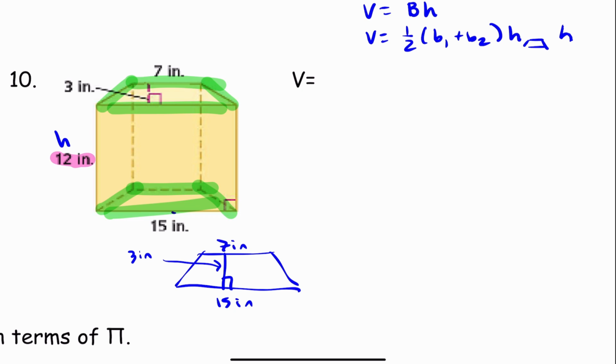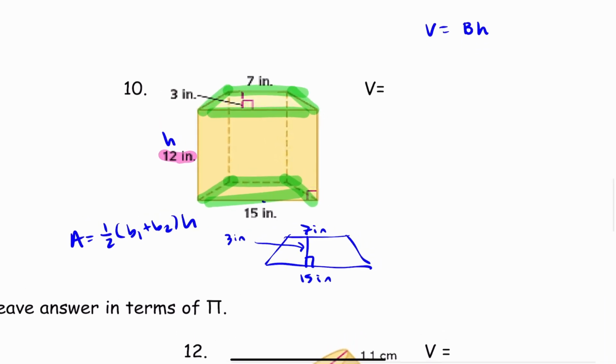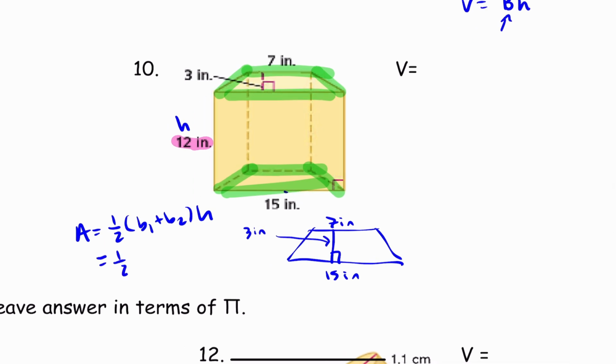Or I think this is a little too confusing, so I'm going to erase this and just say that the area of your trapezoid is 1/2 B1 plus B2 times the height of your trapezoid, okay? And then once you find the area of that trapezoid, you can replace B with that. So that's equal to 1/2, base 1 is 7, base 2 will be 15, and the height is 3.